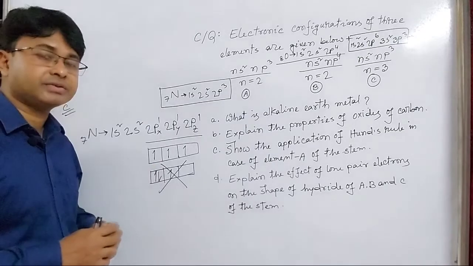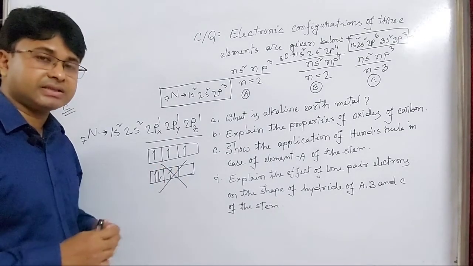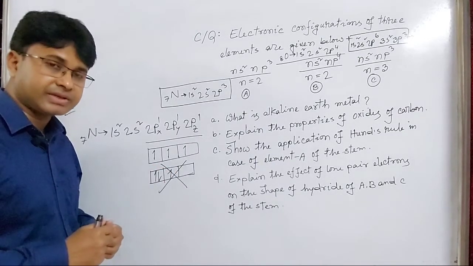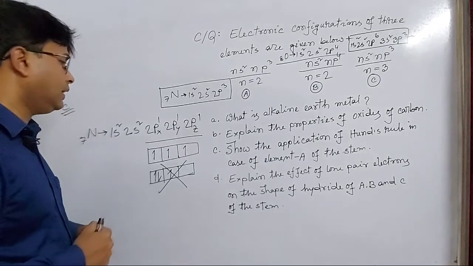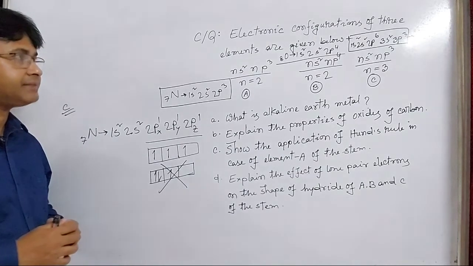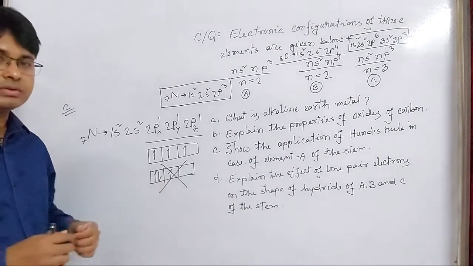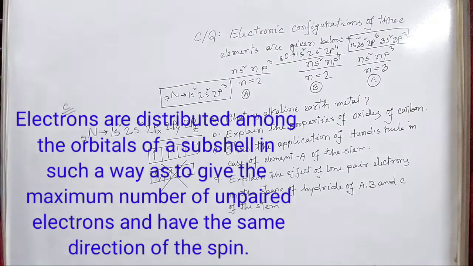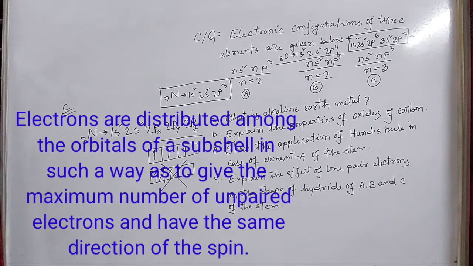Electrons prefer to stay as a single electron with the same spin direction. So dear students, I can state Hund's rule like this: electrons are distributed among the orbitals of a subshell in such a way as to give the maximum number of unpaired electrons and have the same direction of spin.